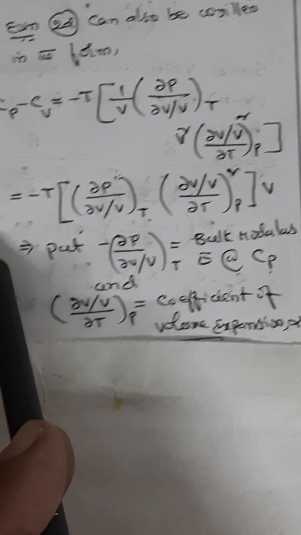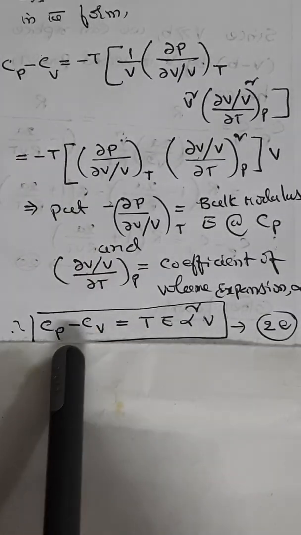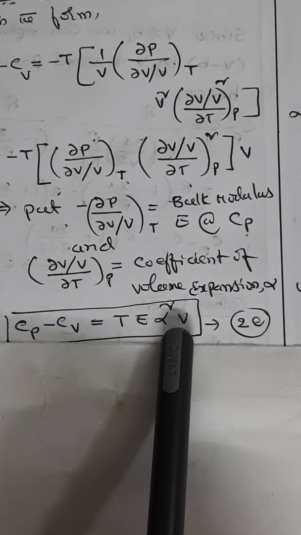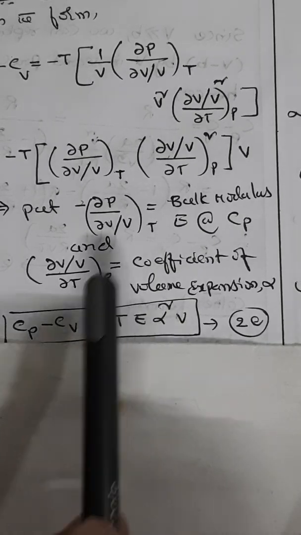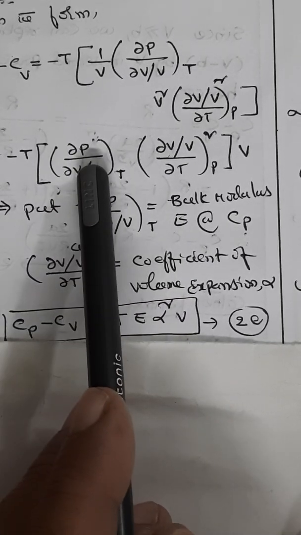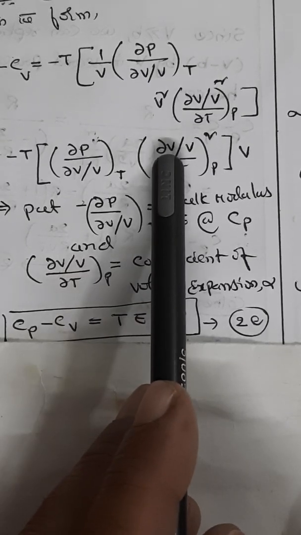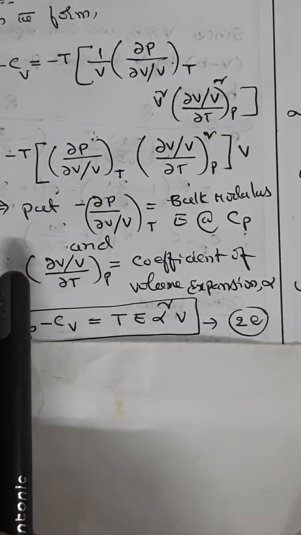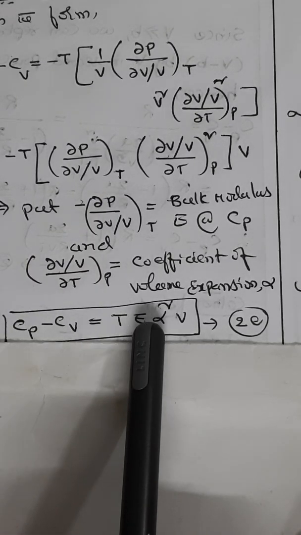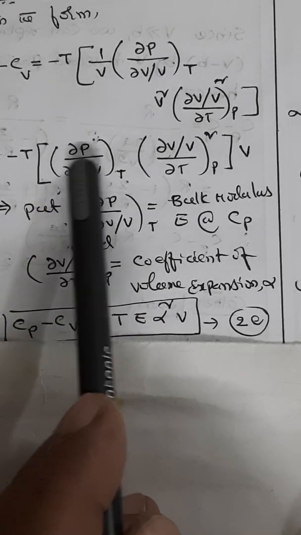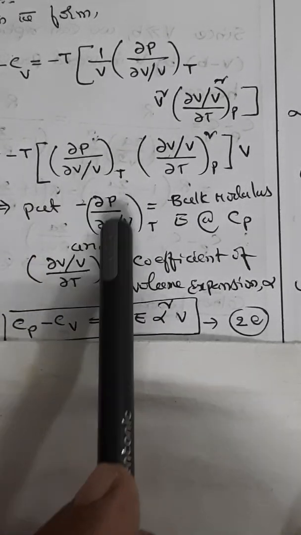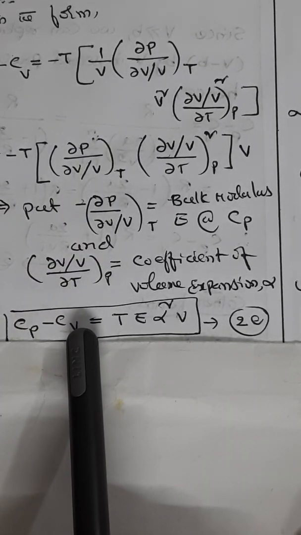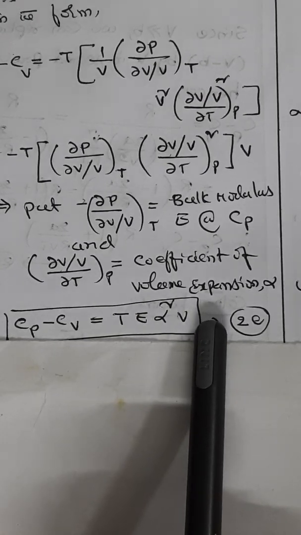Then Cp minus Cv will become T E alpha square V. For this we are substituting E, for this we are substituting alpha, and V is left. Therefore this will become alpha square. For the entire minus thing we have taken minus ∂P/∂V by V as E. Therefore it will become Cp minus Cv equal to T E alpha square V.